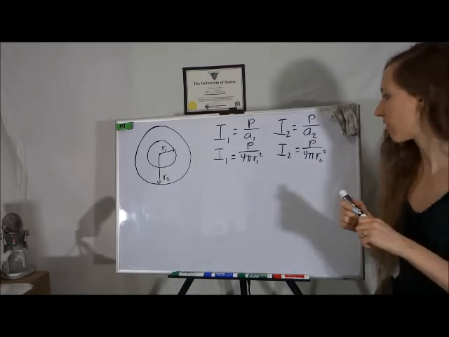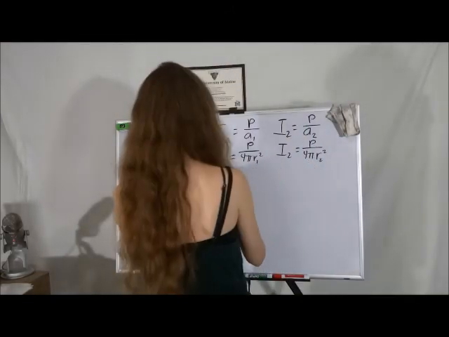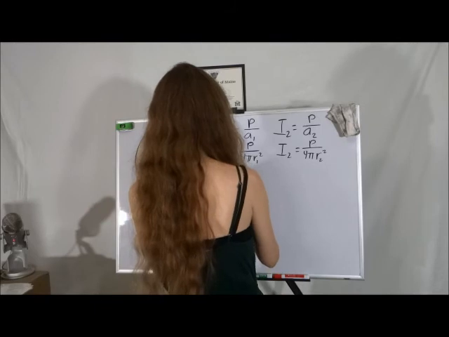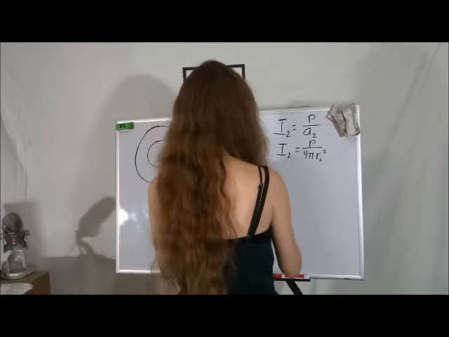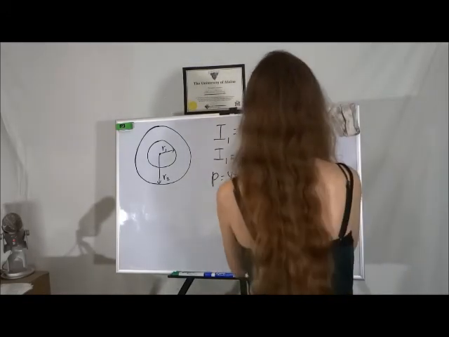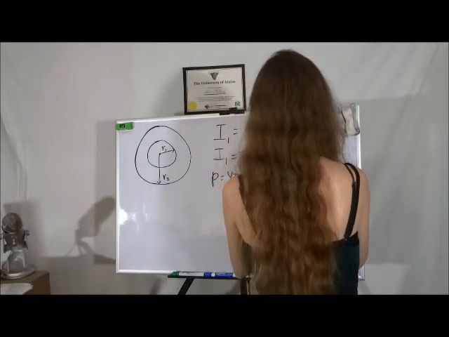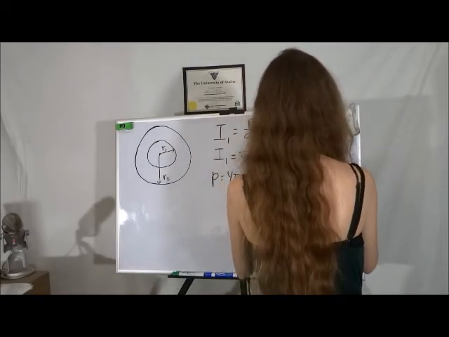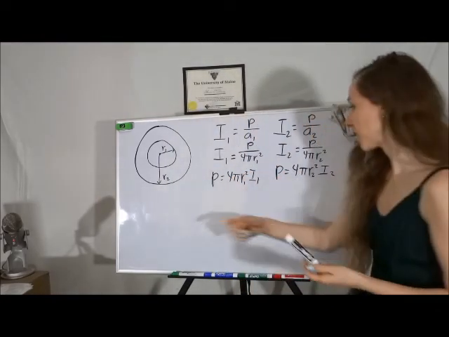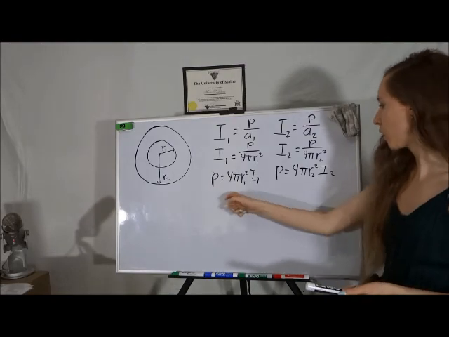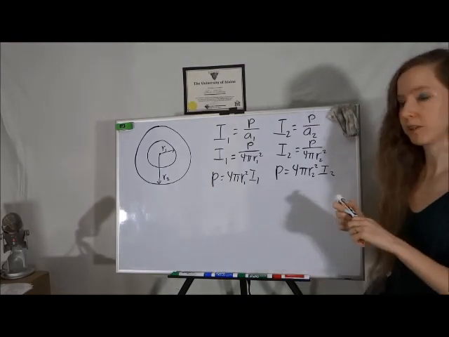So if we go ahead and solve for power, we're going to have power is equal to 4 pi r1 squared I1. And we're also going to find that power is equal to 4 pi r2 squared I2. And since we have the same P here and the same P here, we can set these two terms equal to each other.